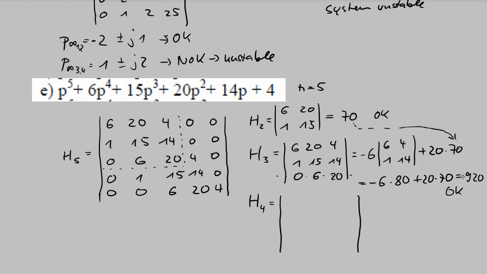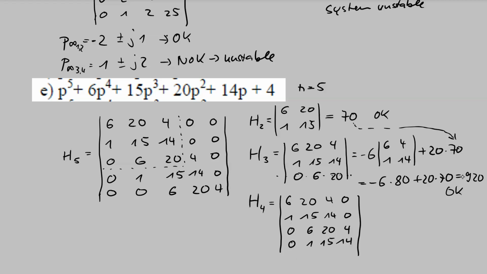So I now have to go to the calculation of H4. It is necessary to do this, because now all other conditions are still true. So H4 is 6, 24, 0, 1, 15, 14, 0, 0, 6, 24, 0, 1, 15, 14. I see this is a development which is good.